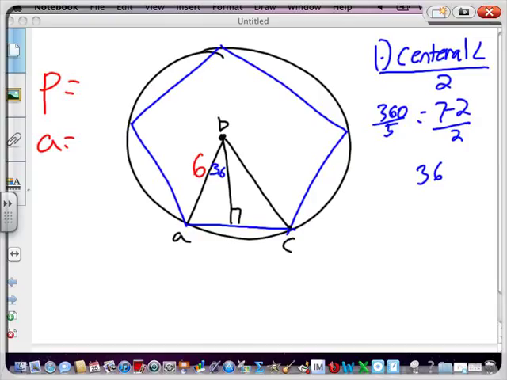Now, what I'm going to do from this is going to look really crazy. For this side right here, that is 36. It's also on the other side because I just split it in half. I'm going to look for two things. I am going to figure out what this is right here, and then double it to find the side. And I'm going to find what this is right there.